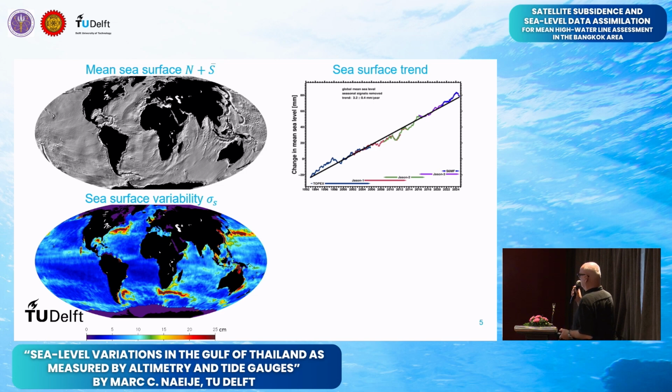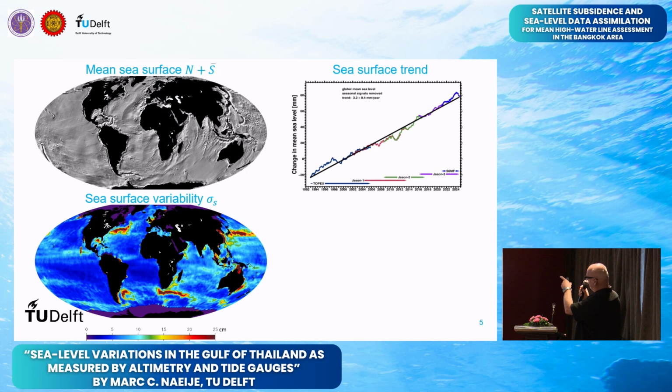And of course, you still see it's not just a straight line. Yeah, okay, that's the regression, but there's more things happening. You can have strong El Niños that will change a little bit the signal. And basically what you also can see, if you take the regression to half of this time span, then when we started with mean sea level change, we came around 3 millimeters per year.